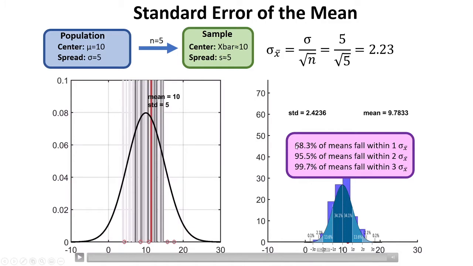And so in this case, about 70% of the sample means are falling within one standard error of the mean, right? And 95% of the sample means are falling within 2 standard errors of the mean, and almost all of them would fall within 3 standard errors of the mean, right? So those are the properties of the normal distribution, and because it's something that we know this about, it makes it very useful.